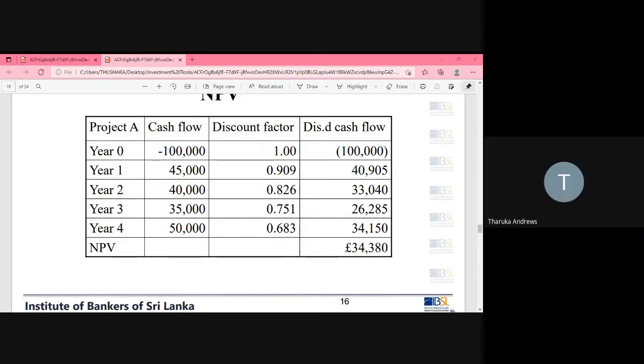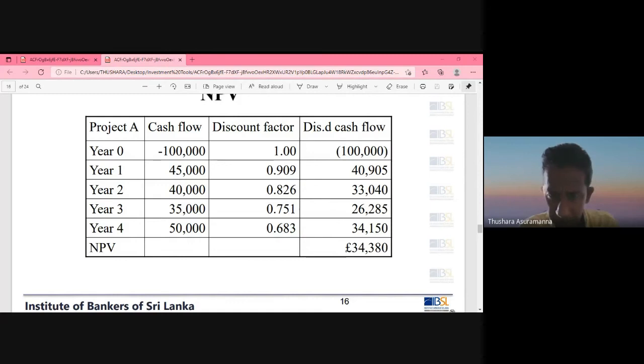So in this discounting factor, the computation is 1 divided by 1 plus r to the power n. Fine. Is the 1 the capital which we have invested?